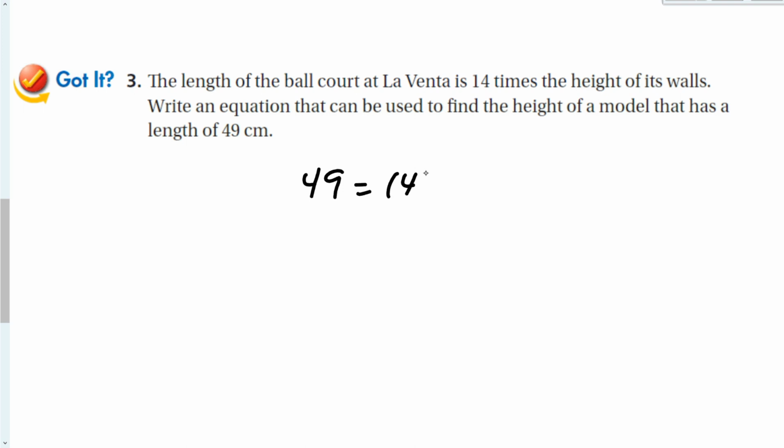So it's going to be 14 times some height. And you might notice that there is no number that I can multiply 14 by to give me 49. 49 is not divisible by 14. So we're going to get a fraction, but that's okay. Usually that's what happens.